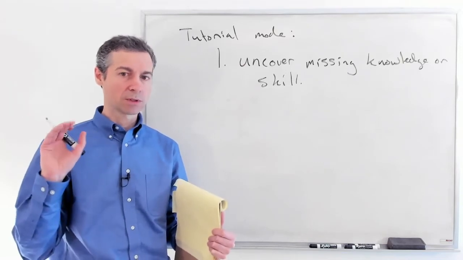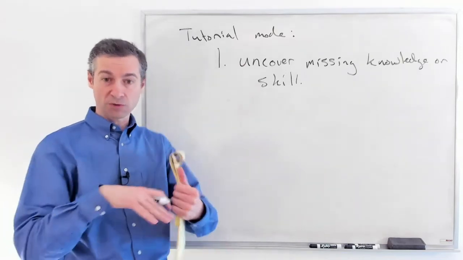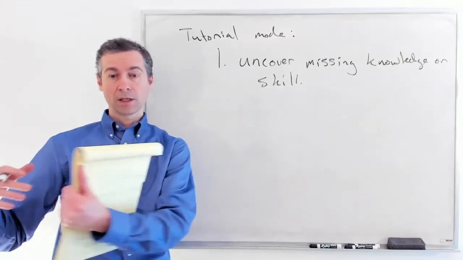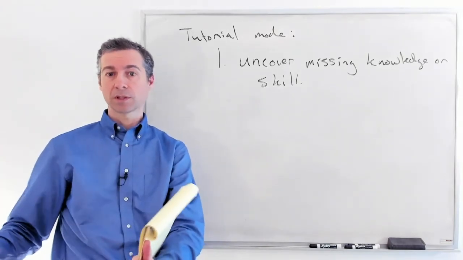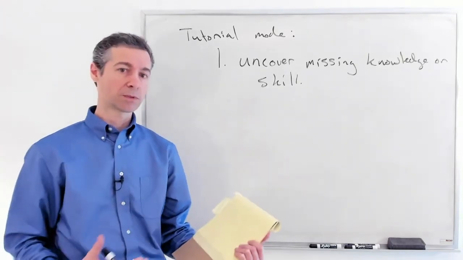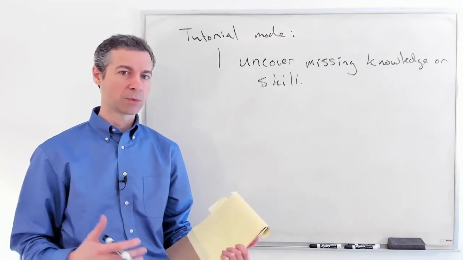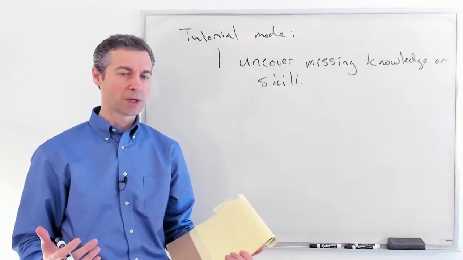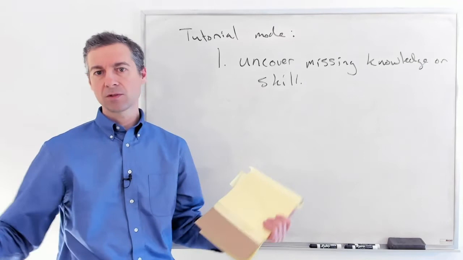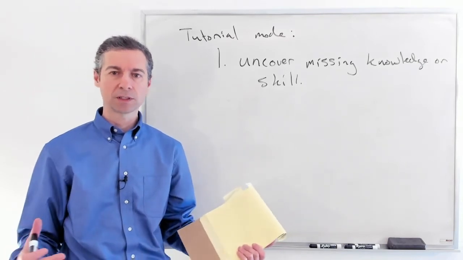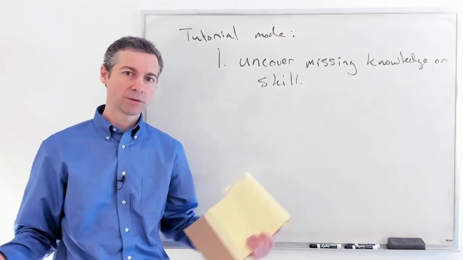And so again, the driver's stuck and the navigator is here helping. The navigator is going to work with the driver to figure out where this piece of knowledge is missing. Was it that you never learned about how to define hashes in Ruby?